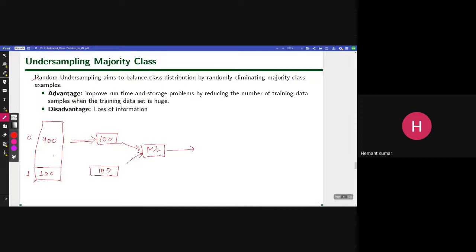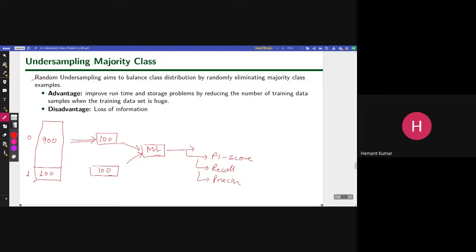We have picked 100 samples from the 900 samples of the zero class, and 100 of the one class, and these two samples are passed into a machine learning model. In that case, we do not find the accuracy. We calculate F1 score, recall, and precision.